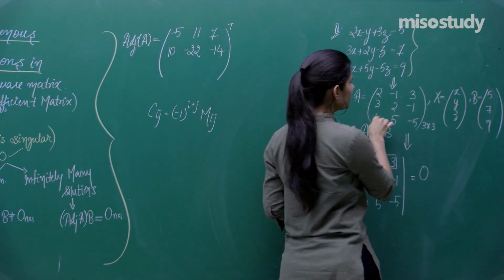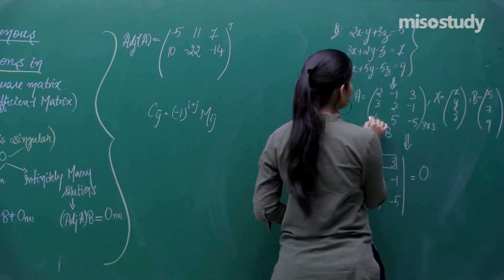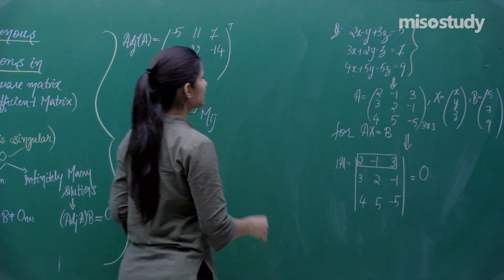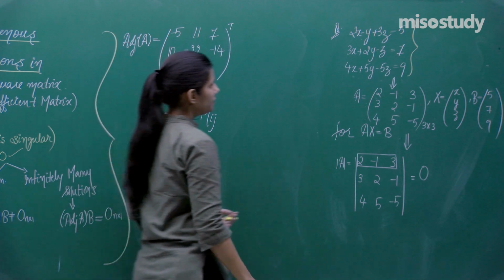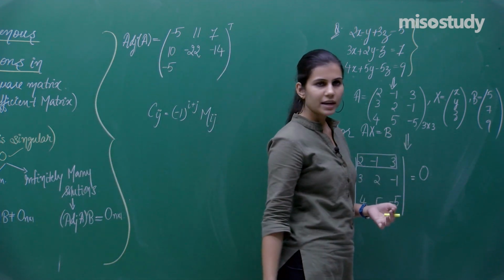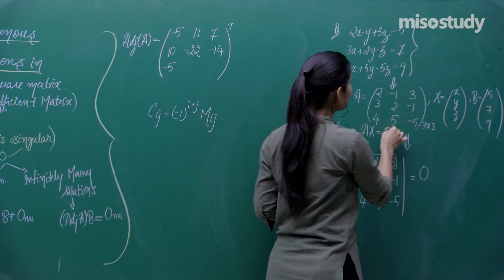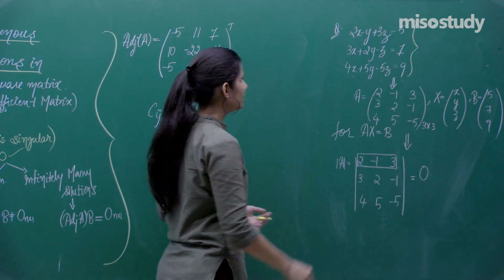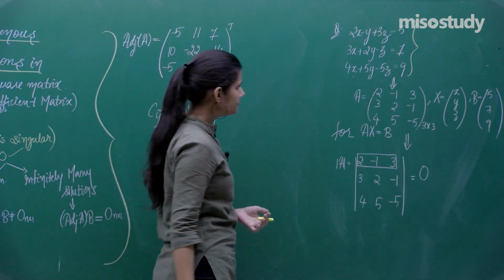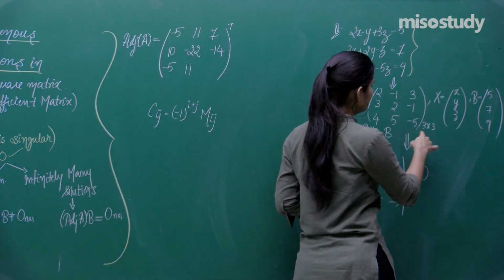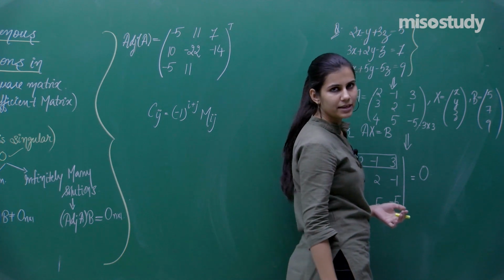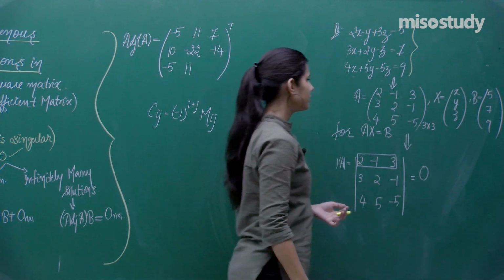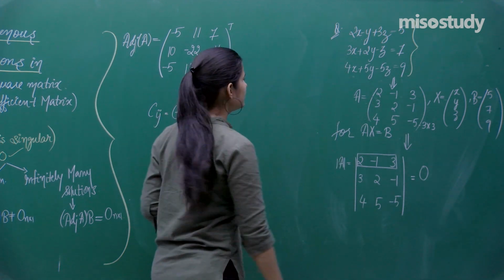The 3/1th element, (-1) to the power 3 plus 1 is 1, so you get just the minor; deleting the third row and first column, you get 1 minus 6, which is -5. Then the 3/2th element, (-1) to the power 5 is -1, delete the third row, second column, minus will be multiplied, you get -2, -9, -11, multiply by -1, you get 11. And then the 3/3th element, (-1) to the power 6 is 1, delete the third row, third column, you get 4 plus 3, which is 7.